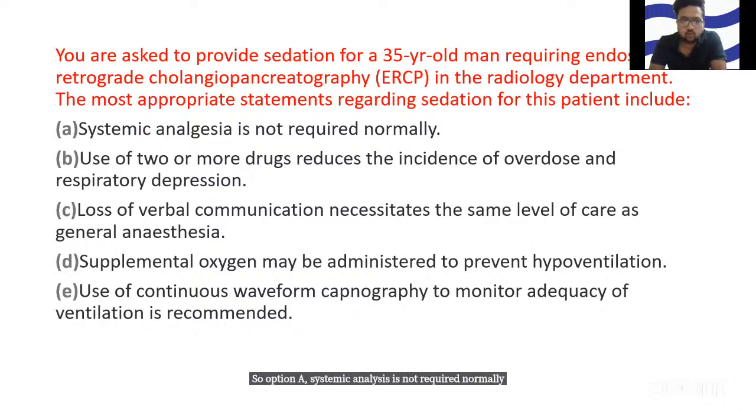Option B, use of 2 or more drugs reduces the incidence of overdose and respiratory depression. Option C, loss of verbal communication necessitates the same level of care as general anesthesia. Option D, supplemental oxygen may be administered to prevent hypoventilation. And option E, use of continuous waveform capnography to monitor adequacy of ventilation is recommended. Which is the most appropriate among these?